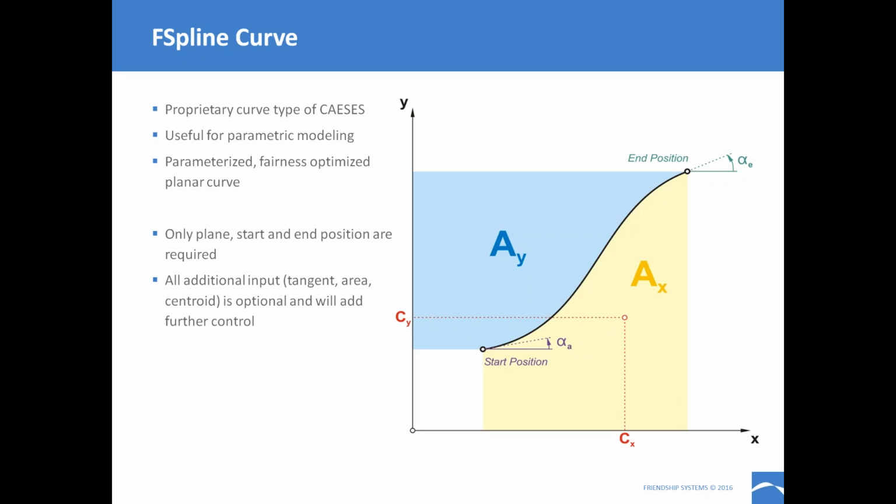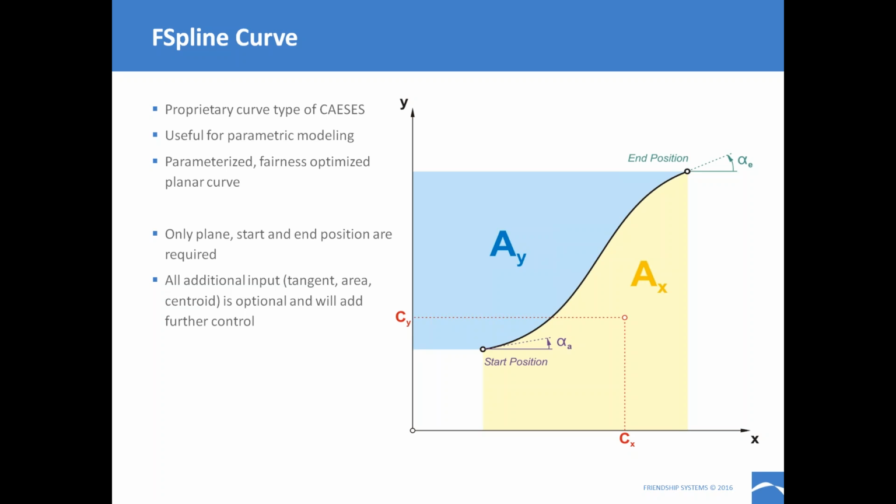This is a proprietary curve type that is available in CAESES that we have implemented. And it's a very useful curve type, I think, for parametric modeling, because it's a curve that is already parametrized, and also it is a fairness optimized curve.